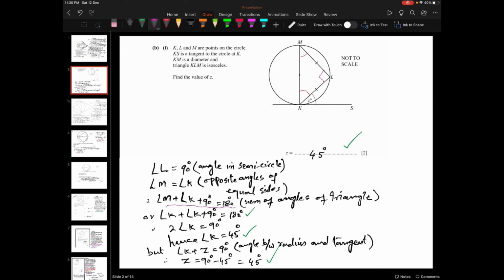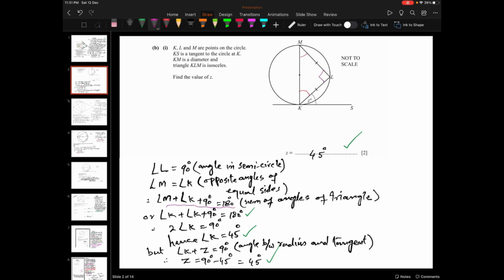Therefore, angle K plus angle K plus 90 degree is equal to 180 degree. Or 2 angle K is equal to 90 degree. We have shifted 90 degree to the right hand side. Therefore, angle K is equal to 90 degree divided by 2, which is equal to 45 degree.